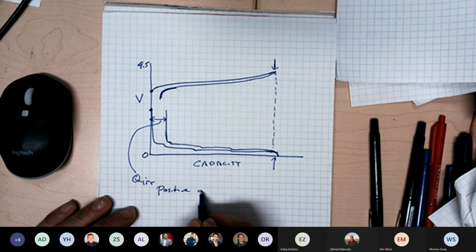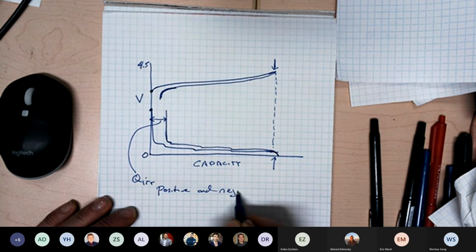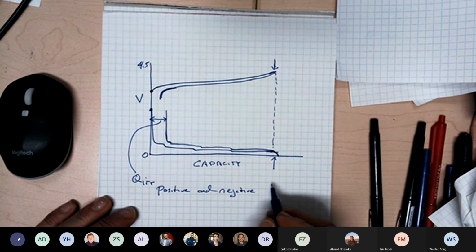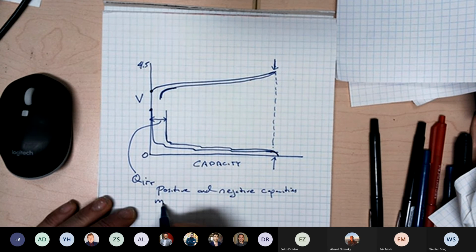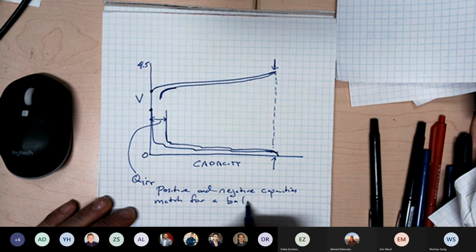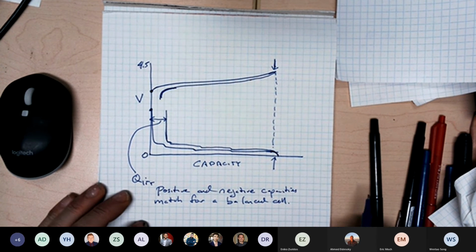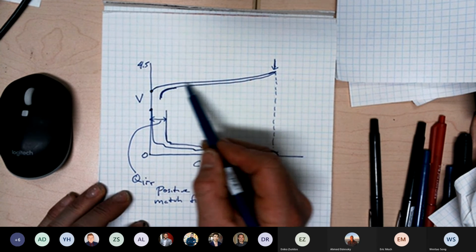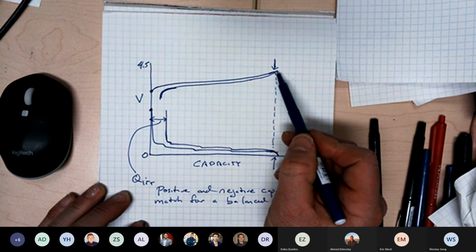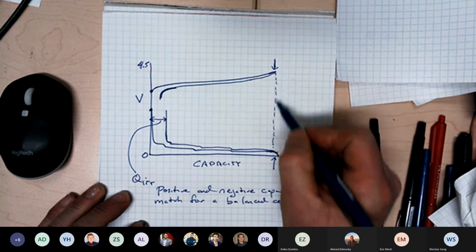Positive and negative capacities match for a balanced cell. The place they match is on the very first charge of the cell, right there.